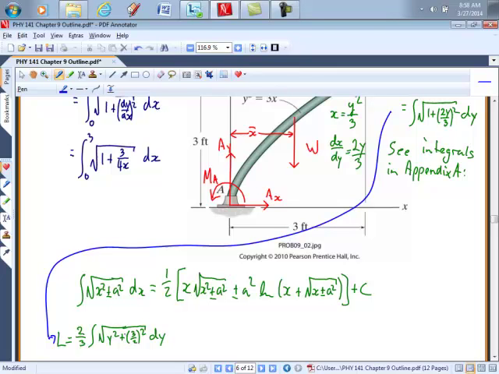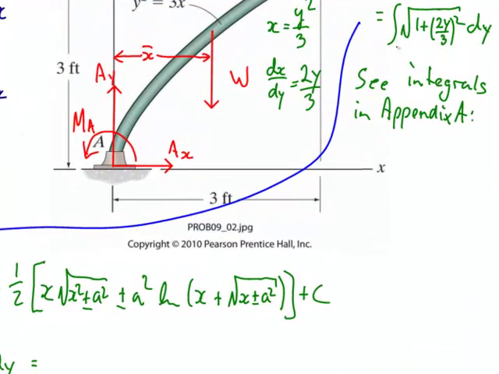So I'm going to integrate this. My variable of integration isn't x, it's y. And my value of a is 3/2. And we're still integrating between 0 and 3.